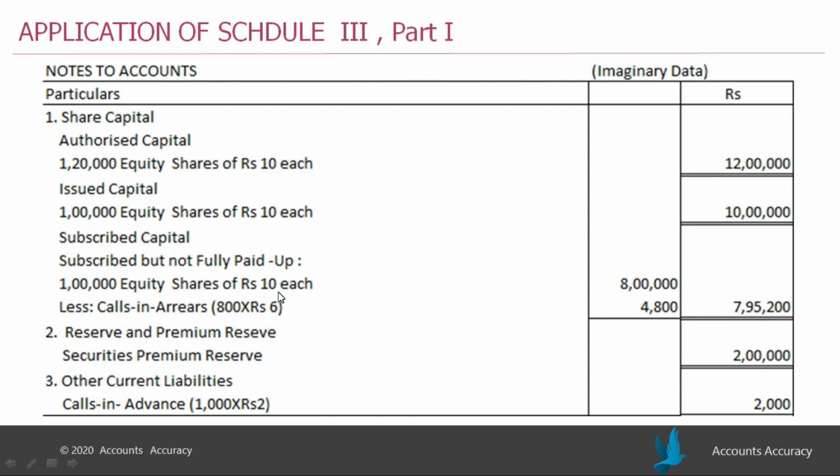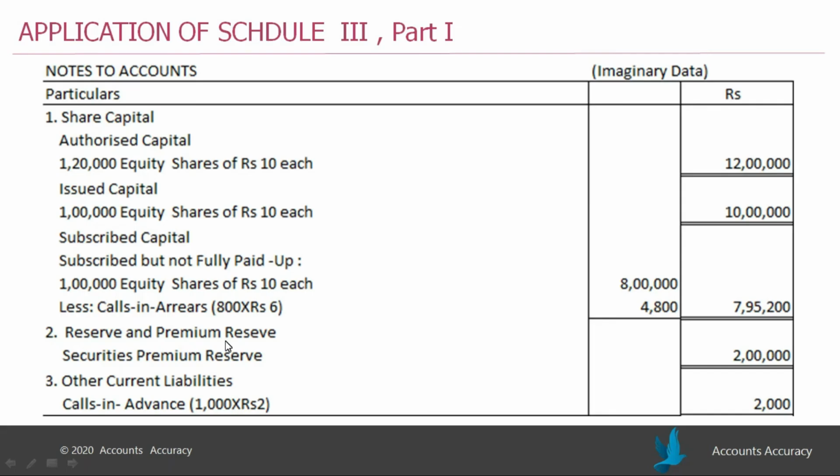Now how much is it? 1 lakh equity shares of rupees 10 each at rupees 8 called up. Here we have to write the called up value, and then we will deduct the calls in arrear of the shareholder who did not pay the allotment money, who was holding 800 shares. So calls in arrear would be 800 into 6, that is 4800.